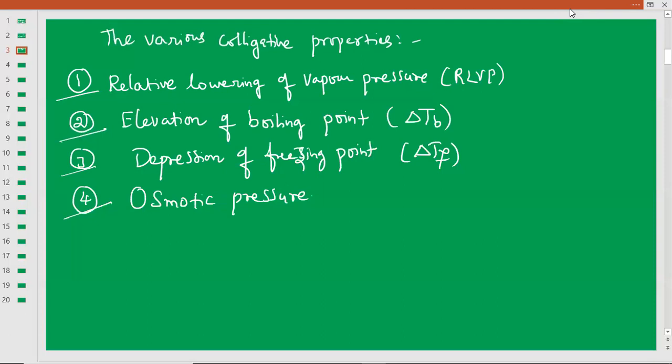So we have observed here the solute particles are playing an important role. That indicates that the greater the number of particles of solute in the solution, the greater is the extent to which the colligative property is affected.